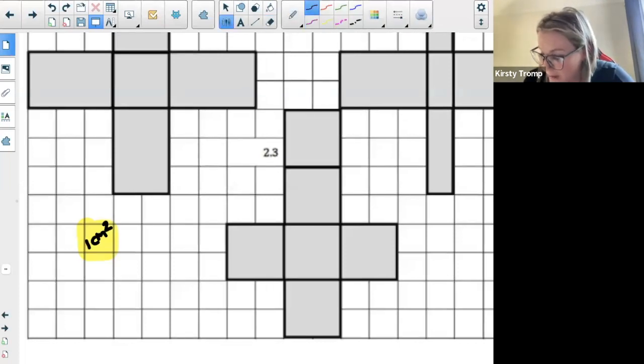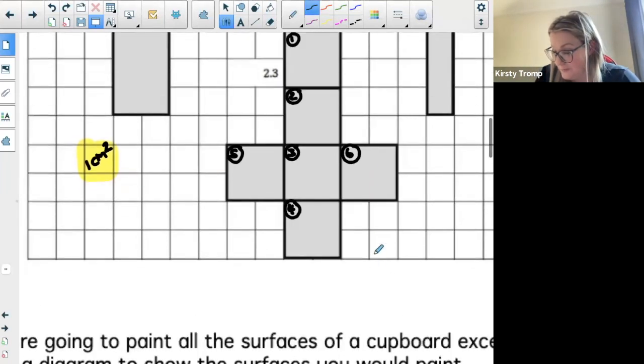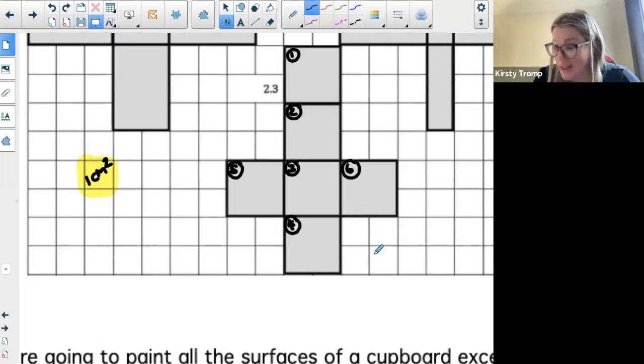And in this cube, I've got 1, 2, 3, 4, 5, 6 of the exact same square. So the square is exactly the same for all of those, okay? So I've got the exact same square 6 times here, okay? So if that's true, that means that I can work out what the area is for one of those squares.